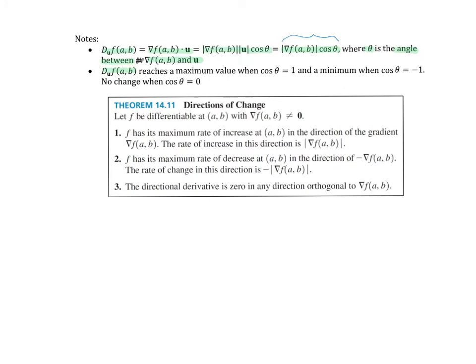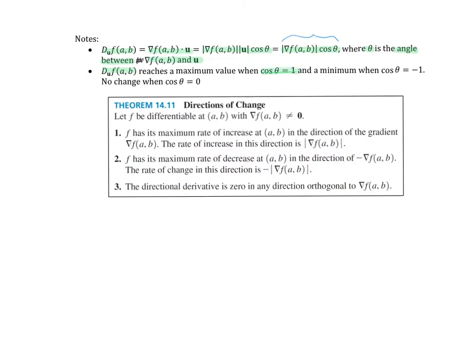It's always going to be some positive value or 0. So the value here is totally dependent on the value of our cosine. If cosine goes between -1 and 1, then this expression is going to reach a maximum value when cosine is equal to +1.